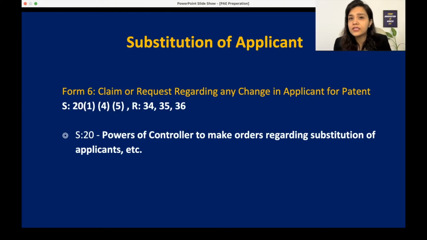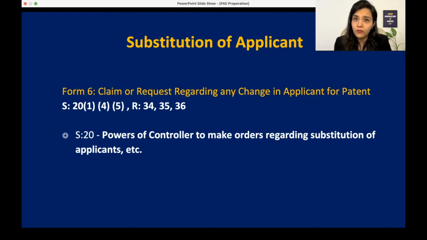Whenever there is a change in any applicant, like we want to change X, Y, Z to X and Y, where first 3 people were holding rights and now 2 people are holding rights, we have to give Form 6.